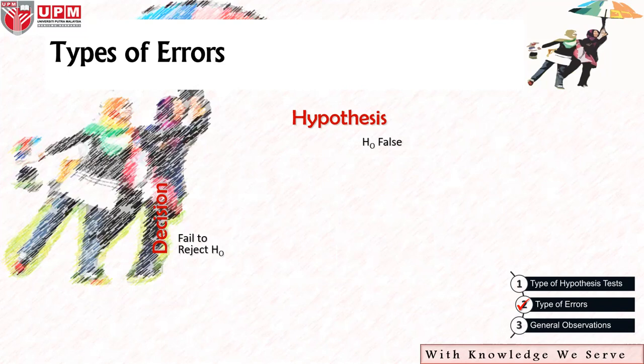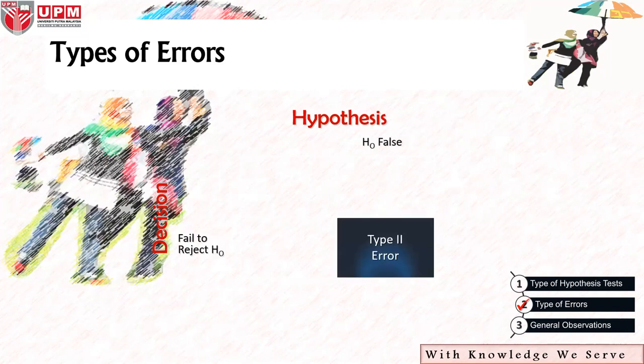Do we make a right or wrong decision? Our null hypothesis is wrong, but we fail to reject null hypothesis. So wrong decision. Salah. So this time the name is type 2 error.